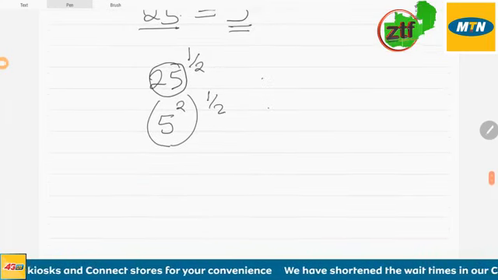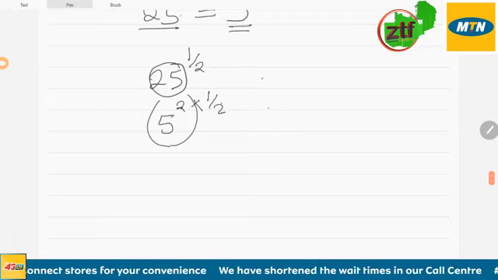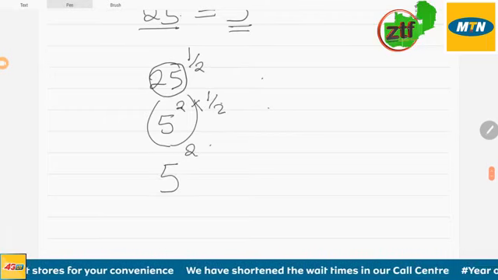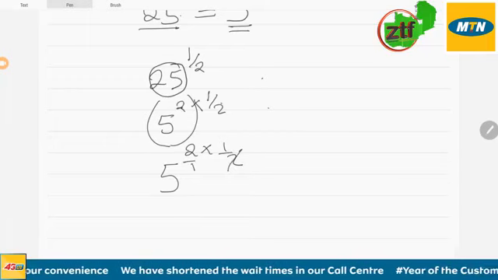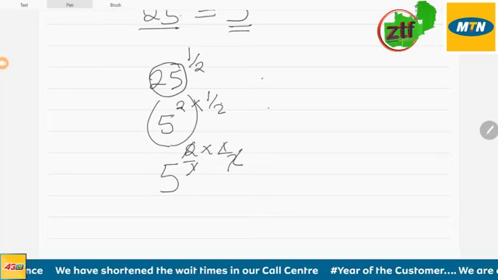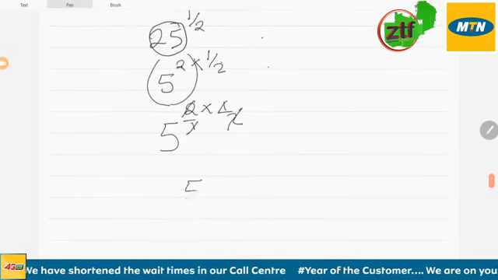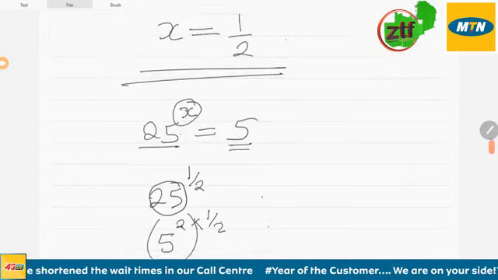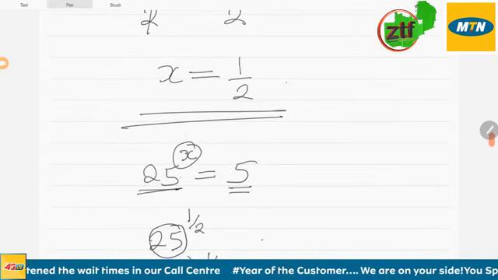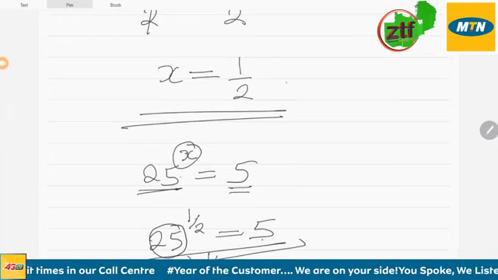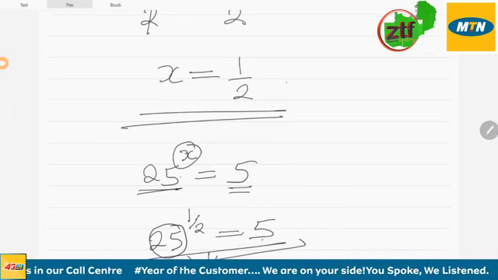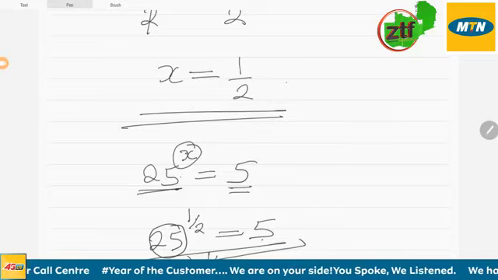And so you can see that this power and this power, they are multiplying. So we have 5 to the power 2 times 1 over 2. This is over 1. So you can see that this 2 and this 2 are eliminating, and the 1 and the 1 are also eliminating. So you end up finding the answer 5, which is true that when 25 is raised to power half, the answer is going to give us 5. So that is what you needed to do on that question.